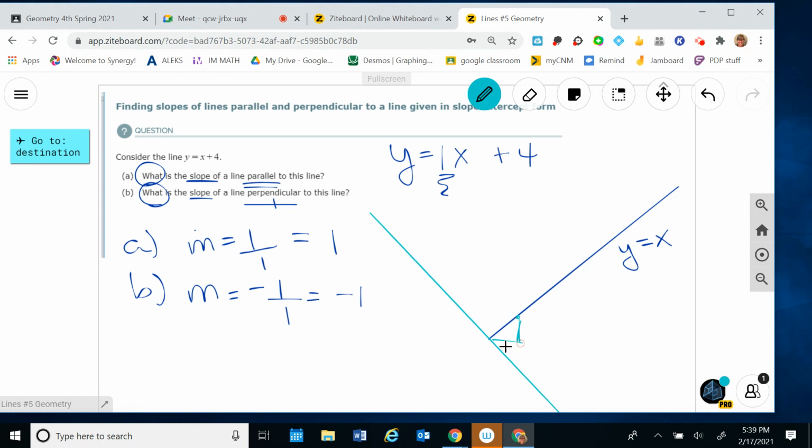The slope is 1 over 1. For this one, we go negative 1, up 1. So the slope is rise over run, which is negative 1. Do you see? That is how we get this. This one is slope positive 1, and this one is slope negative 1.